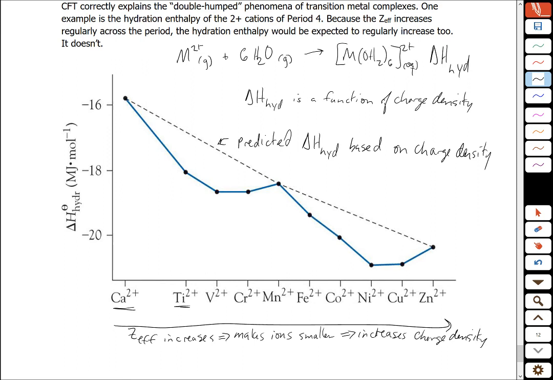Okay, so zinc has a much higher charge density than calcium does. Okay, so this is high charge density. I don't want to, let me rephrase that. I don't want to confuse the issue. I'm going to hedge my bets. This is higher charge density. And this is, calcium has a lower charge density.